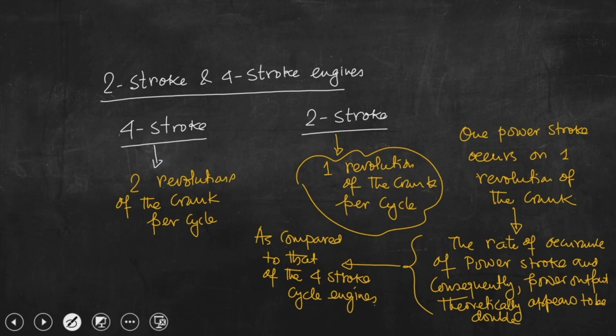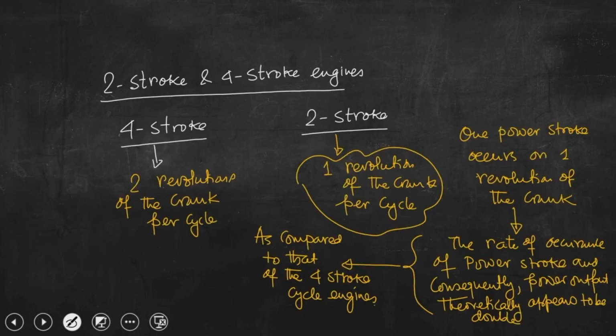It is because of this reason, because we know that power stroke is the stroke during which pressure and temperature of the working substance inside the cylinder is very high, and it is because of this reason several parts of engine or engine cylinder may be prone to mechanical failure due to thermal stress, and accounting for this aspect, speed of the 2-stroke cycle engine is reduced.